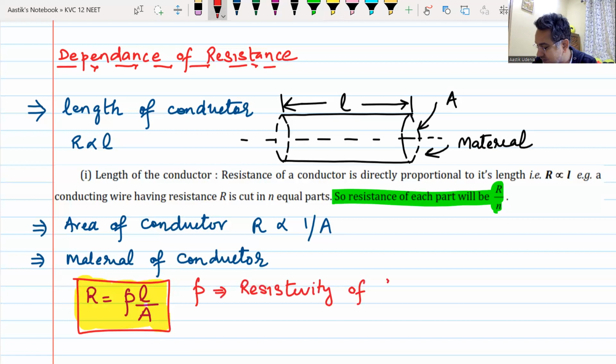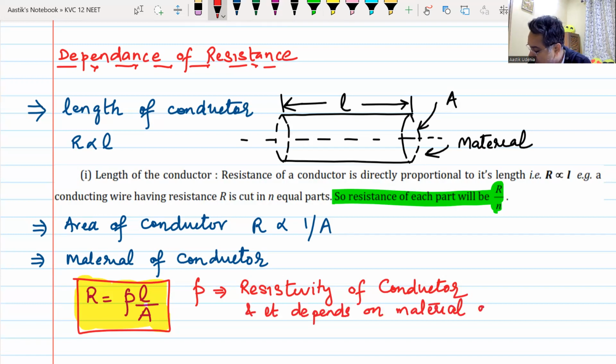Rho is known as the resistivity of the conductor, and it depends on what? It depends on the material of the conductor and its temperature, that is, at what temperature the conductor is.